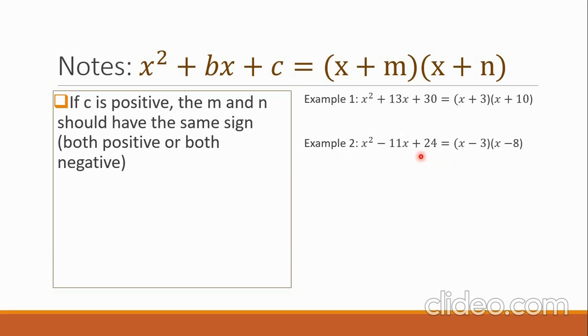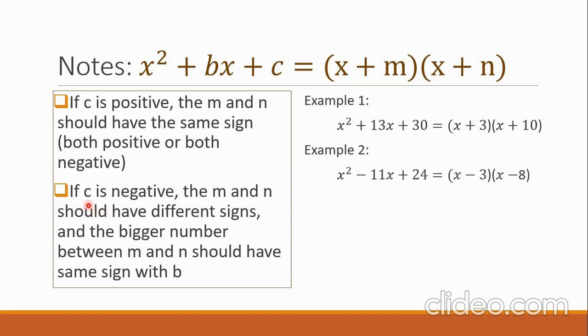Let's have example 2. The constant is positive 24. So look at our m and n. They have the same sign and both are negative. Considering the sign of b here, since it is negative, it gives us the idea that the m and n in these two binomials should both be negative also.